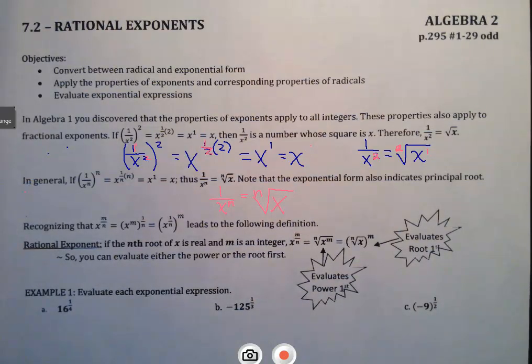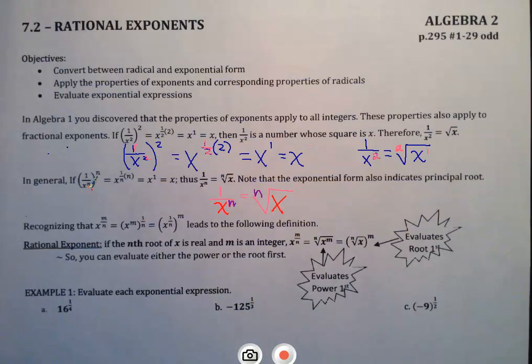So again, I'm trying to help you see, right? The exponent becomes the index, okay? The x was in the denominator, and now it's under the radical sign. Okay, so noticing those positions.